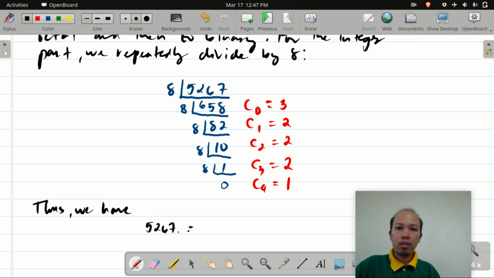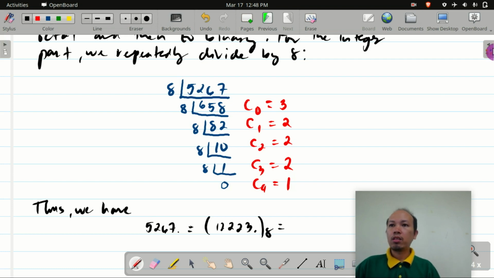Point is equivalent to 1, 2, 2, 2, 3, point in base 8.